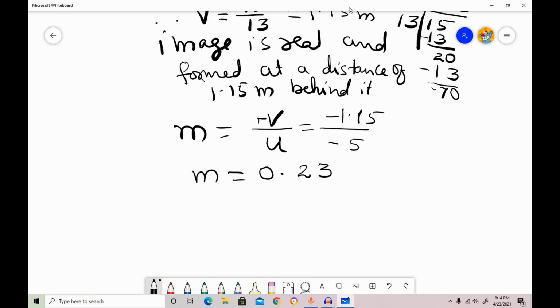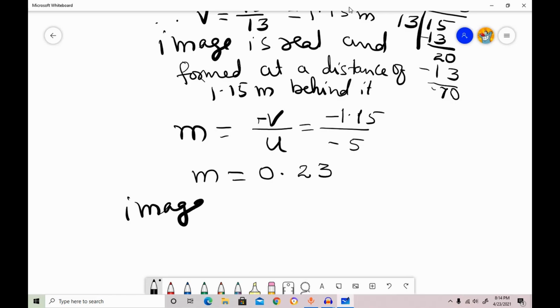So what is the value of m? Is it more than 1 or less than 1? It is less than 1. That means the size of the image is diminished, or in other words, it is smaller than the object size. And what is the sign of the value, positive or negative? It is positive, because the image is erect. So write your answer.